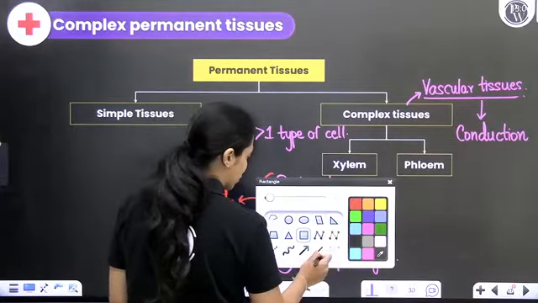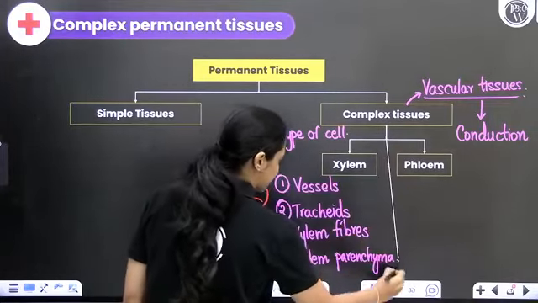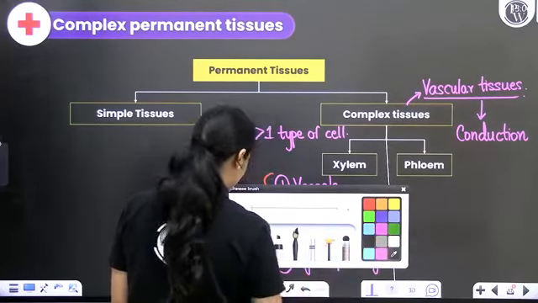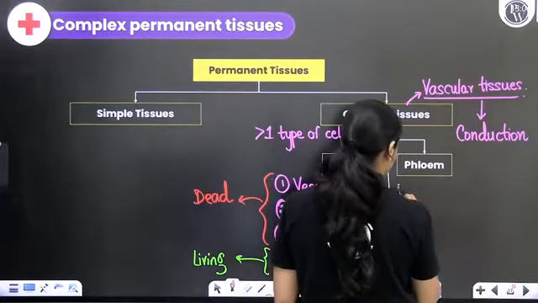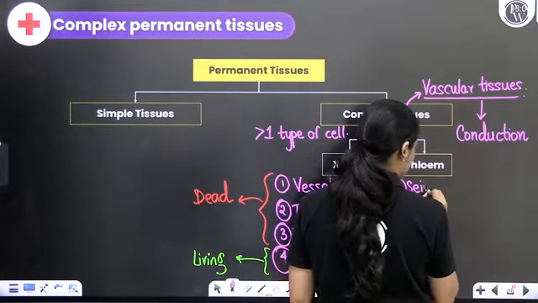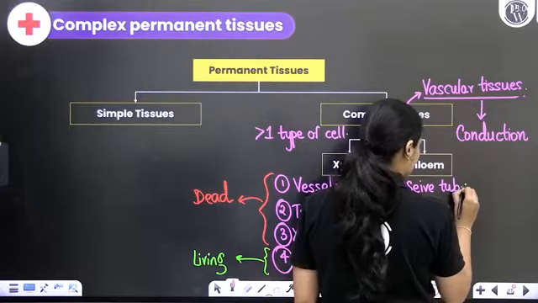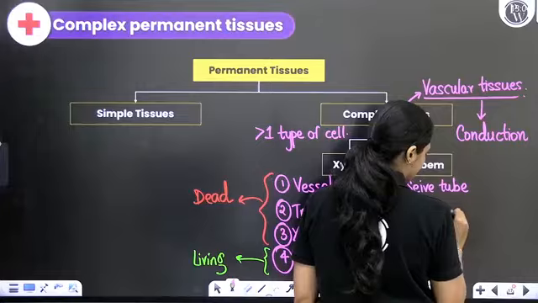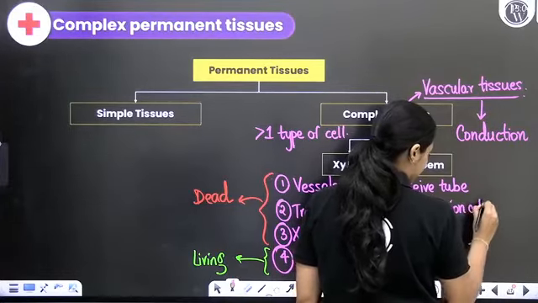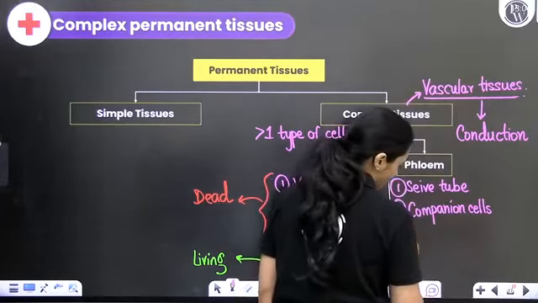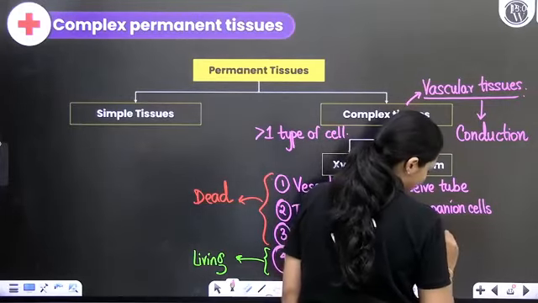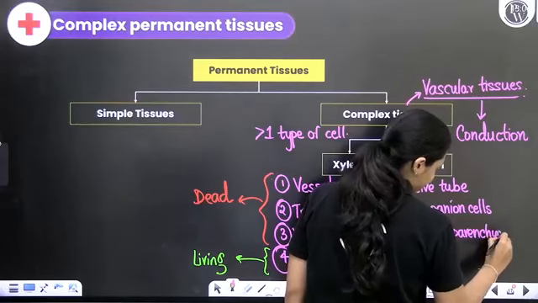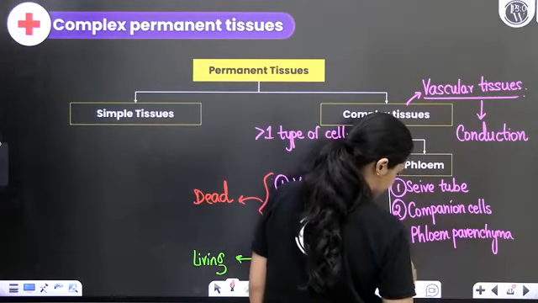Okay. If you have to talk about phloem, in phloem you have 4 different types of cells. You have sieve tube elements, companion cells, phloem parenchyma, and phloem fibers.